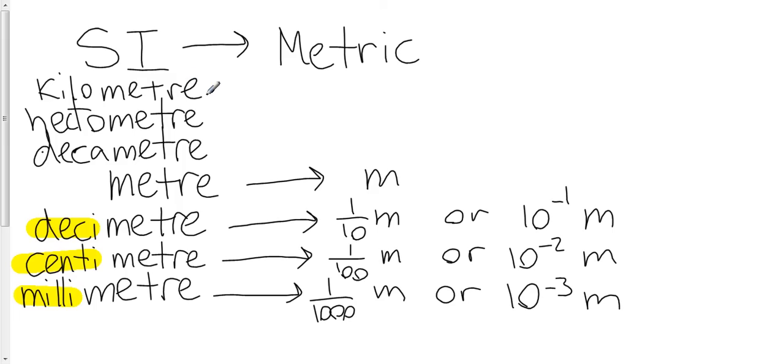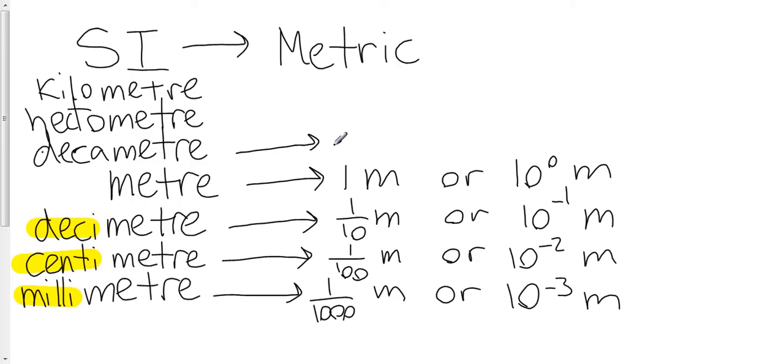Now, if you observe this pattern here, we have 10 to the -3, 10 to the -2, 10 to the -1. We could even say here, meter, 1 meter, or we could say this is 10 to the power 0. Why? Because 10 to the power 0 is just 1, right? Meters. And if we follow this pattern up, you may have already guessed what we have here.